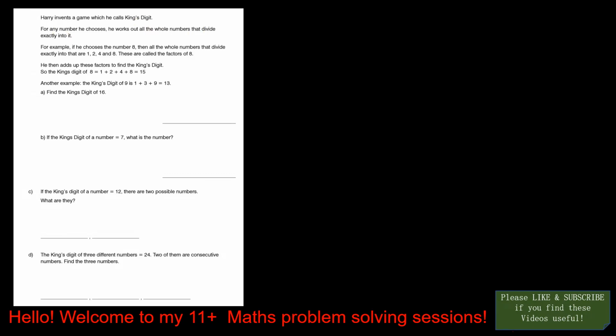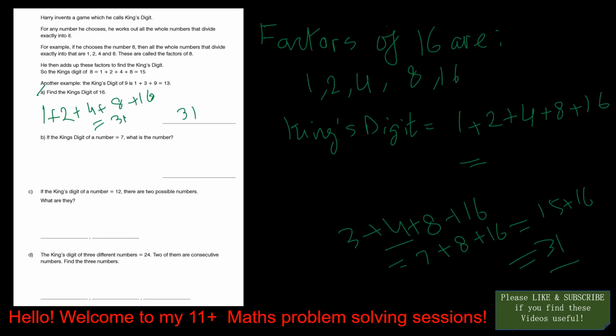So if we have to find the one for 16, you have to find out the factors of 16. So what are the factors of 16? The factors of 16 are 1, 2, 4, 8, and 16. 4 times 4 is 16, 8 times 2 is 16, and 16 times 1 is 16. So these are the factors. So the King's digit is going to be simply adding up these numbers.